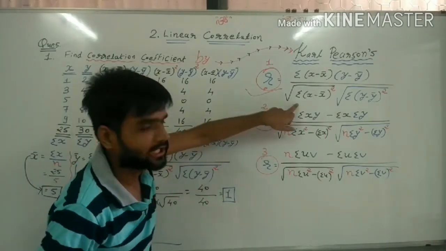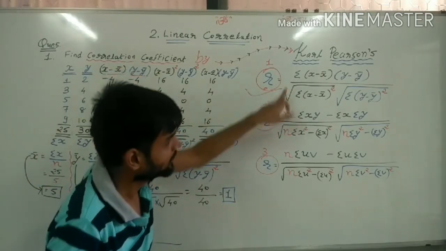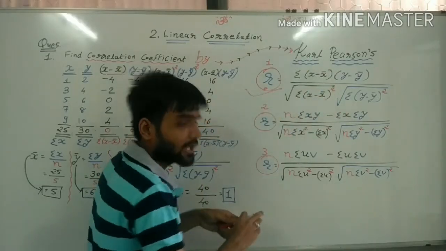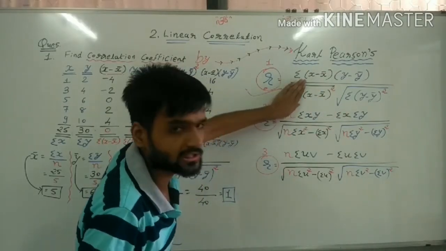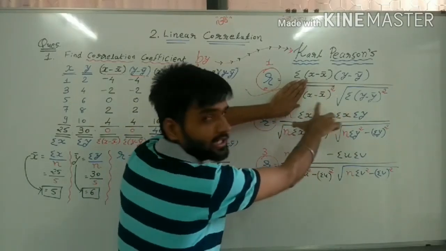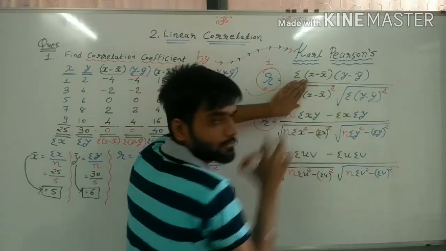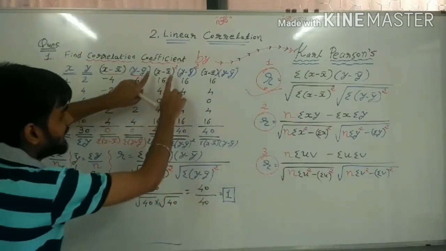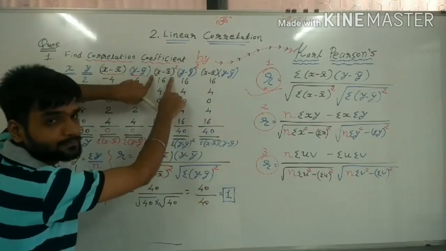Now in the denominator, under the root sign, and under the root again, if I ignore the sigma, we need x minus x bar whole square. So here is one column, x minus x bar whole square.